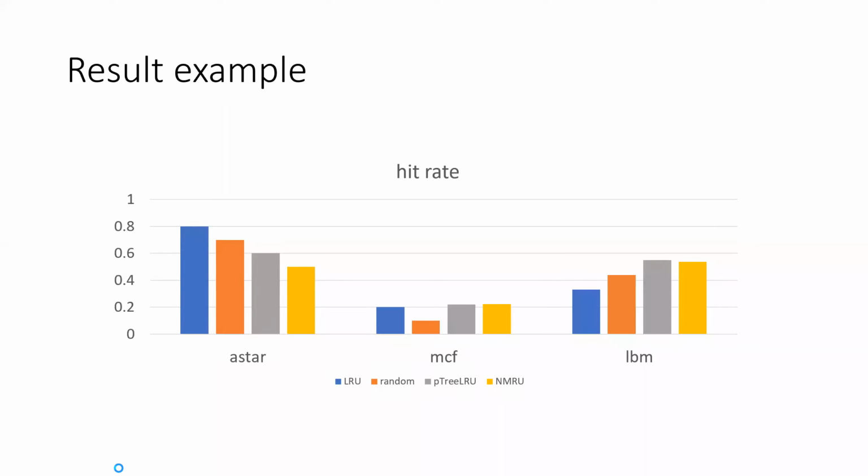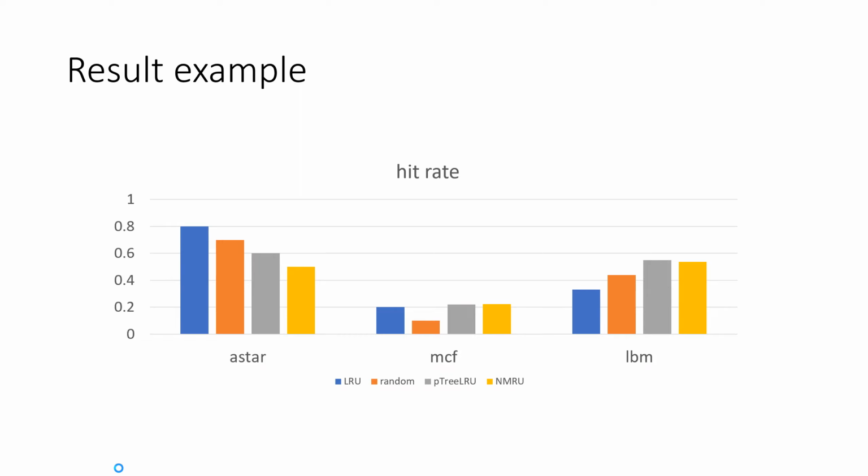So this figure shows the L1 hit rate. It's not generated by the trace I provided to you. So do not try to run the traces and then see the hit rate.